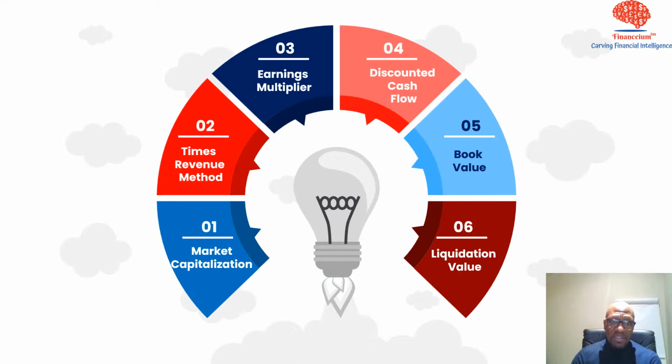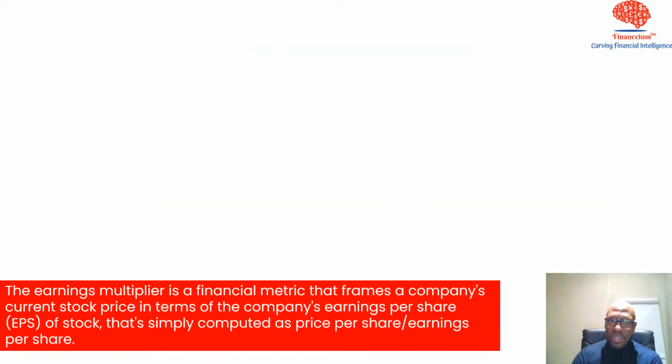So far, we have dealt with the market cap valuation model. We have dealt with the times revenue method. So today we're sitting on the earnings multiplier model. Now, really, the earnings multiplier is a metric that frames a company's stock price or share price as a proportion of its earnings per share.